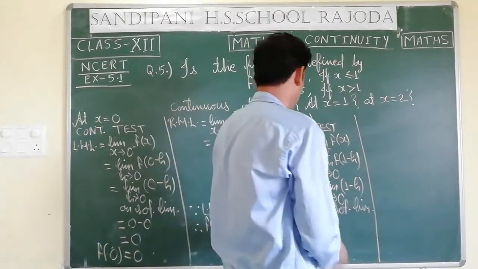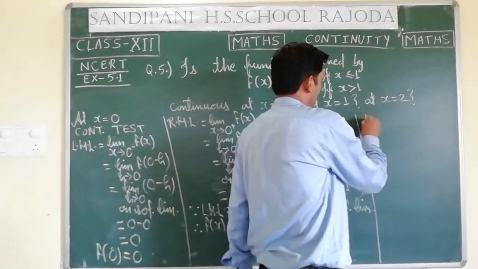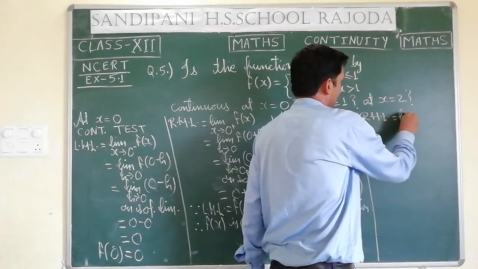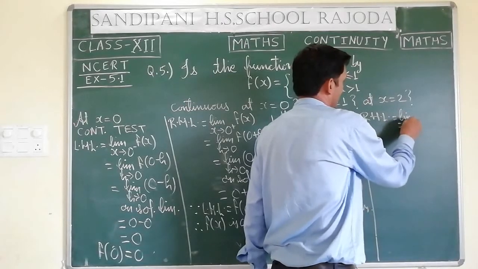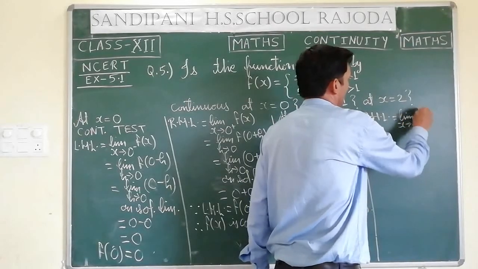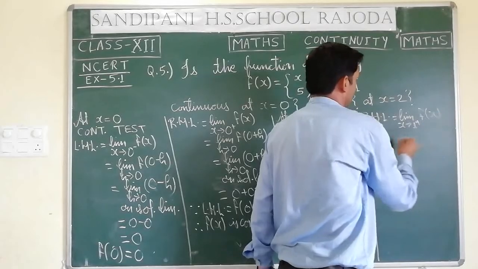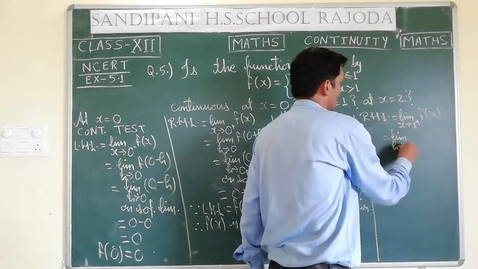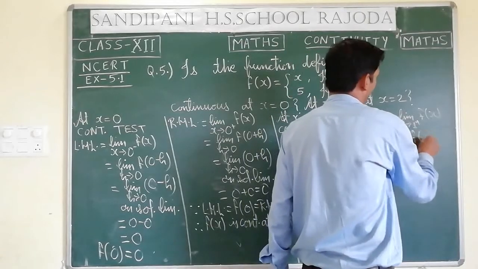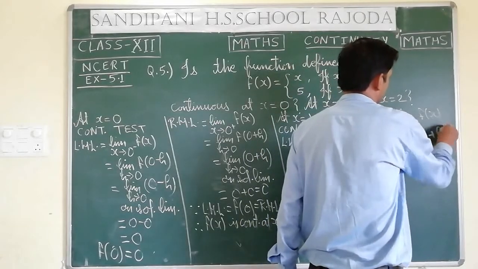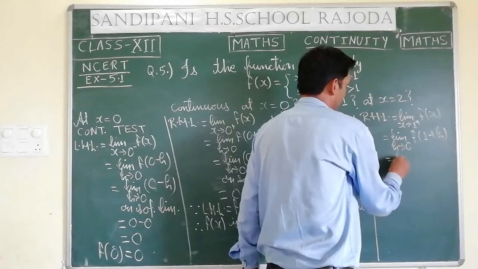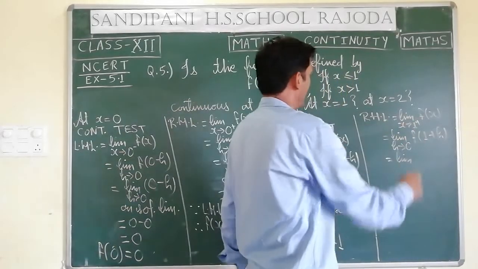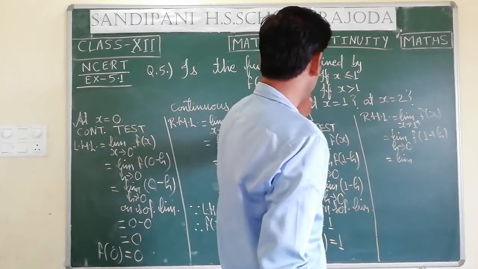Now RHL. So RHL is equal to limit x tends to 1 plus f of x, that is equal to limit h tends to 0 f of 1 plus h, which is equal to limit h tends to 0, 1 plus h means more than 1.